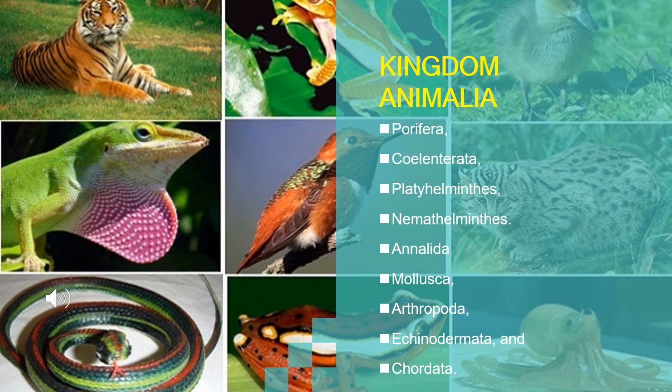And lastly, the kingdom Animalia, which is divided into 9, which are Porifera, Coelenterata, Platyhelminthes, Nemathelminthes, Annelida, Mollusca, Arthropoda, Echinoderm, and Chordata.